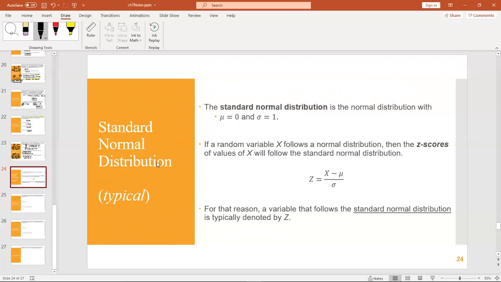And you basically use this formula for what's called a z-score. A z-score gives you a fair apples to apples comparison for two different sets of data that would have different means and different standard deviations.